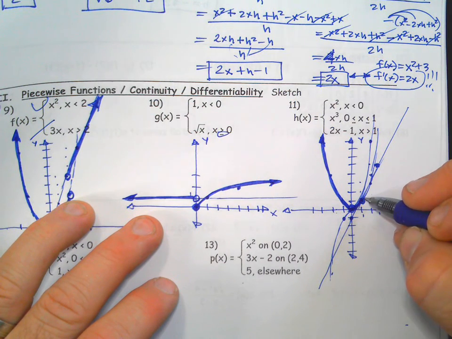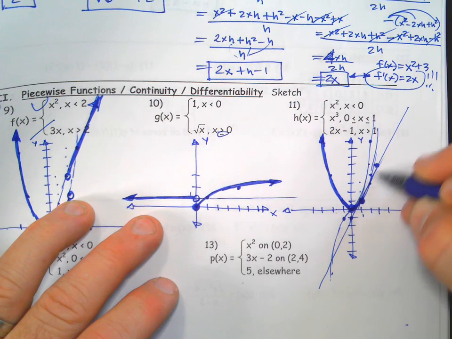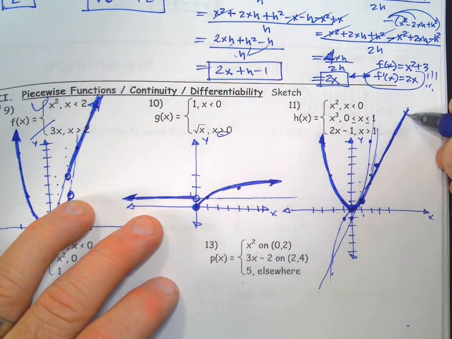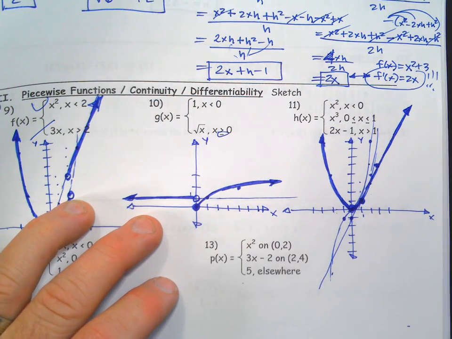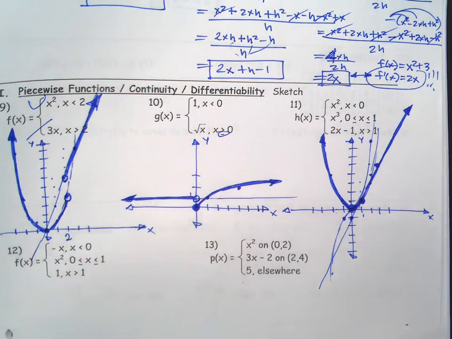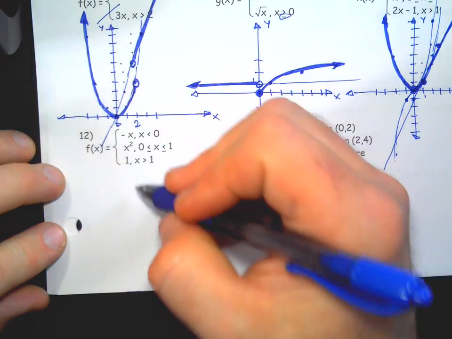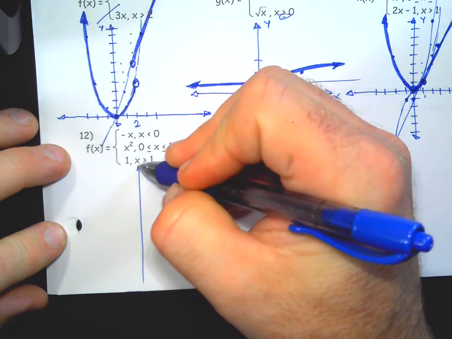So the line does actually hit right there. It's an open dot, but there's a solid dot, so you can't see it. And the rest of it is a line. So this is a continuous graph. I don't know if it's smooth. Okay, there you go. Next one. Let's see.